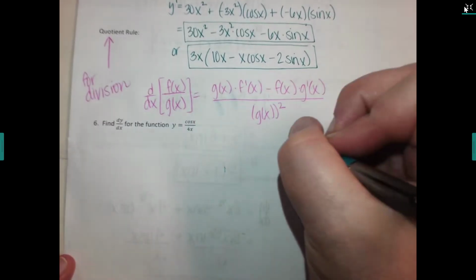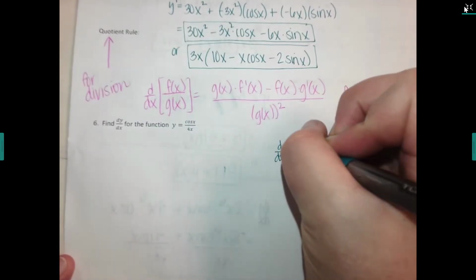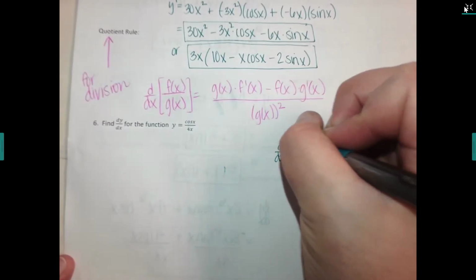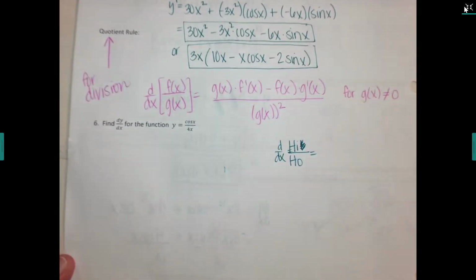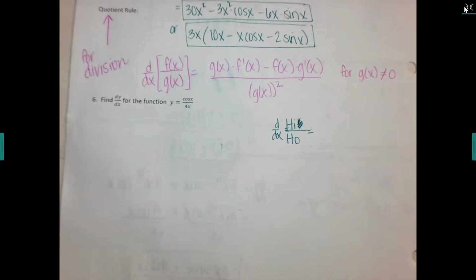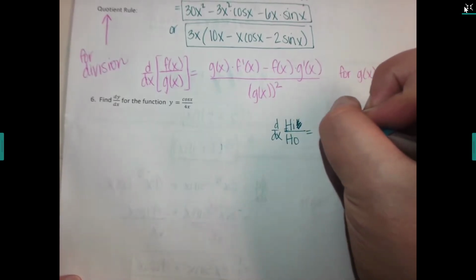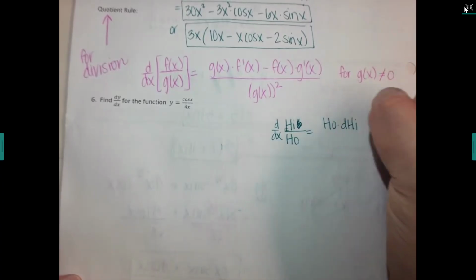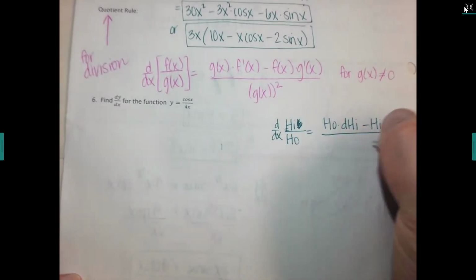Okay, here's your shorter version. It's going to be derivative. We're going to call the top high and the bottom ho. So it's high over ho. Your quotient rule is going to be ho d high minus high d ho over ho squared.